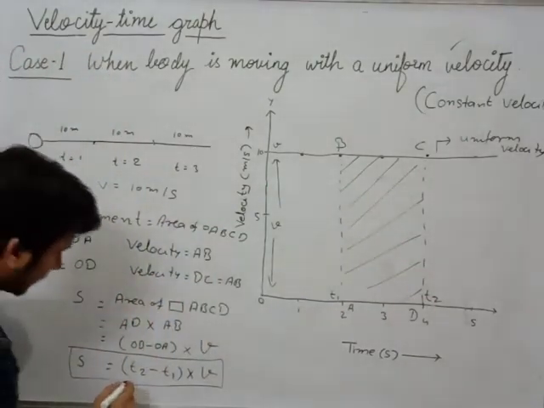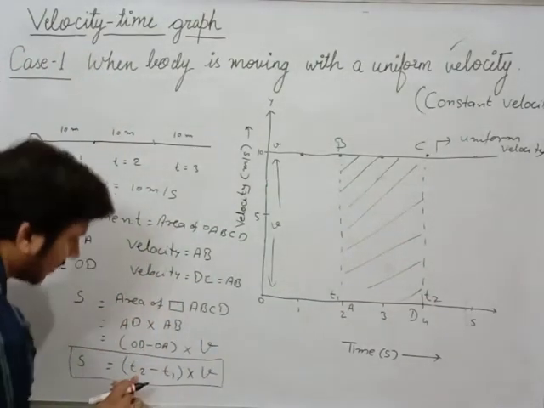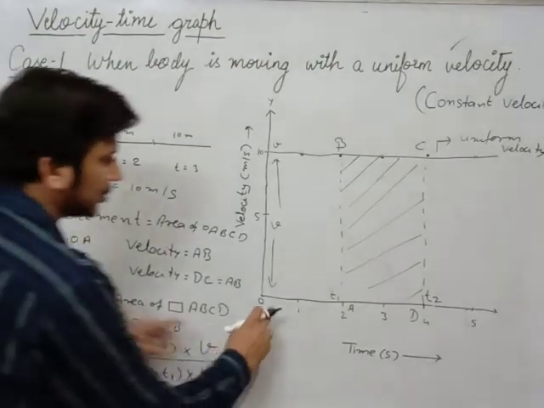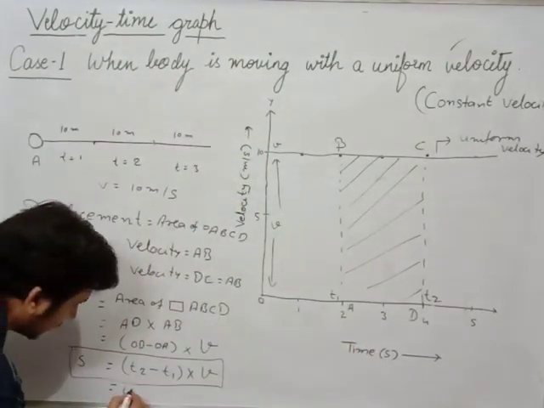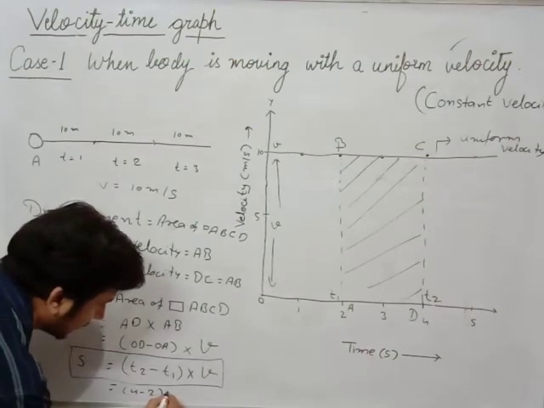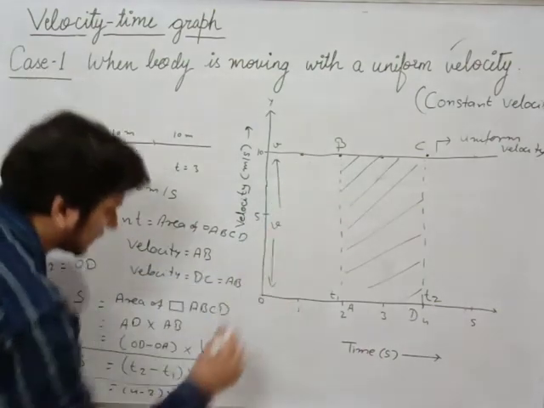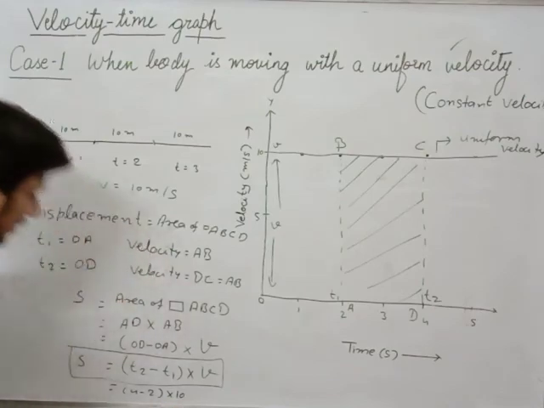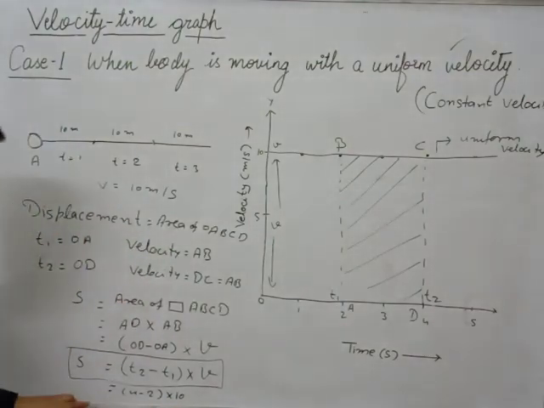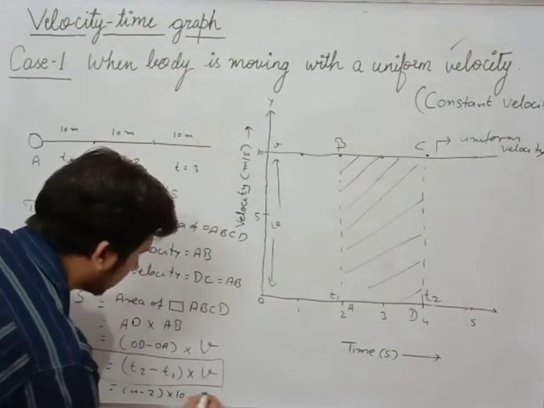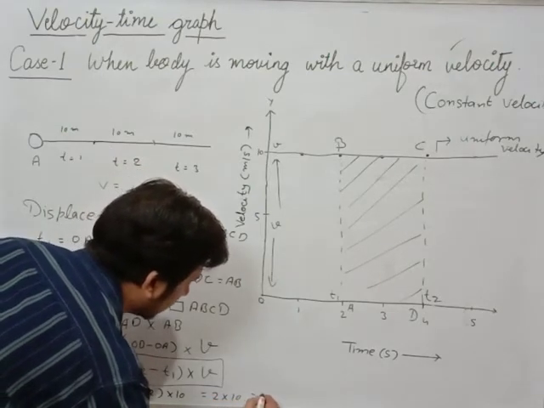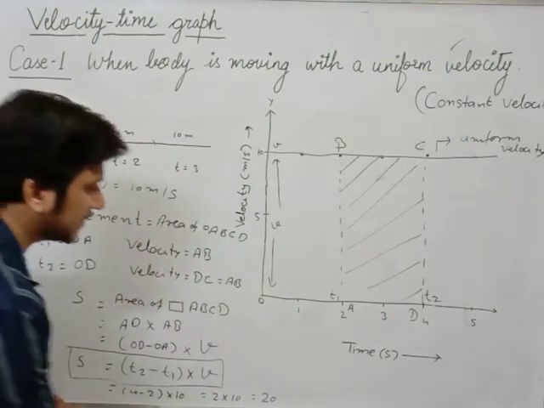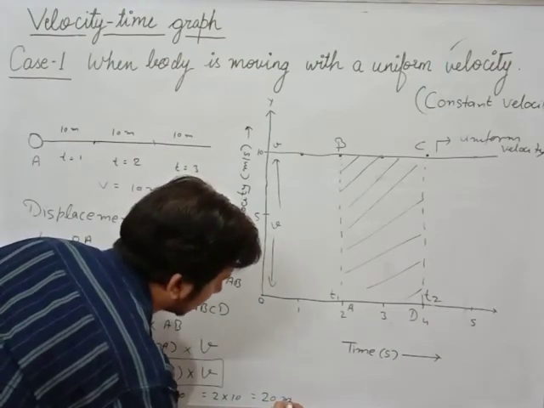So now we put the values: t2 equals 4 and t1 equals 2. So (4 minus 2) into V, which is 10 meters per second. Only the magnitude is put here. So we get 2 into 10 equals 20 meters.